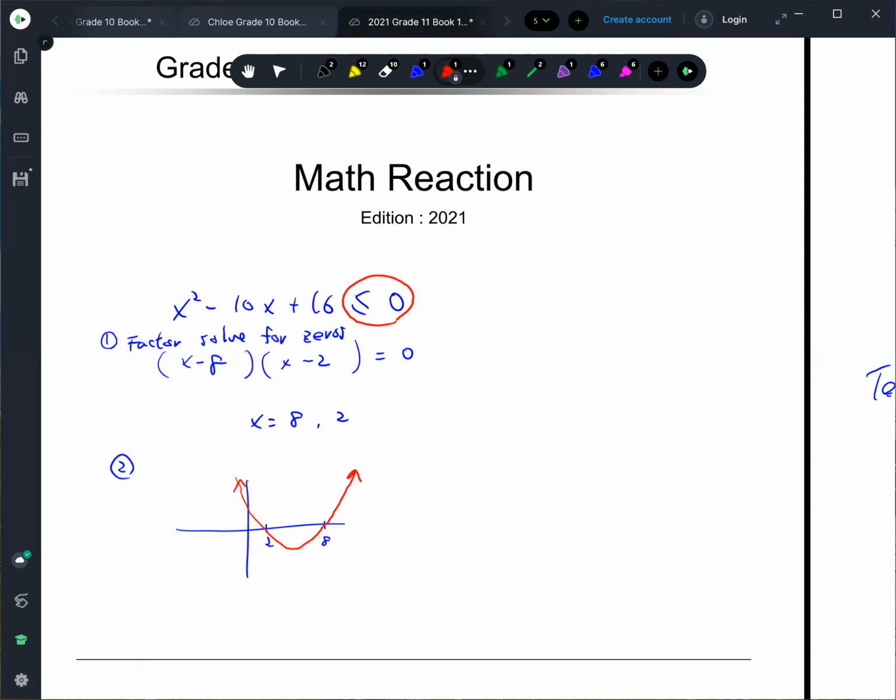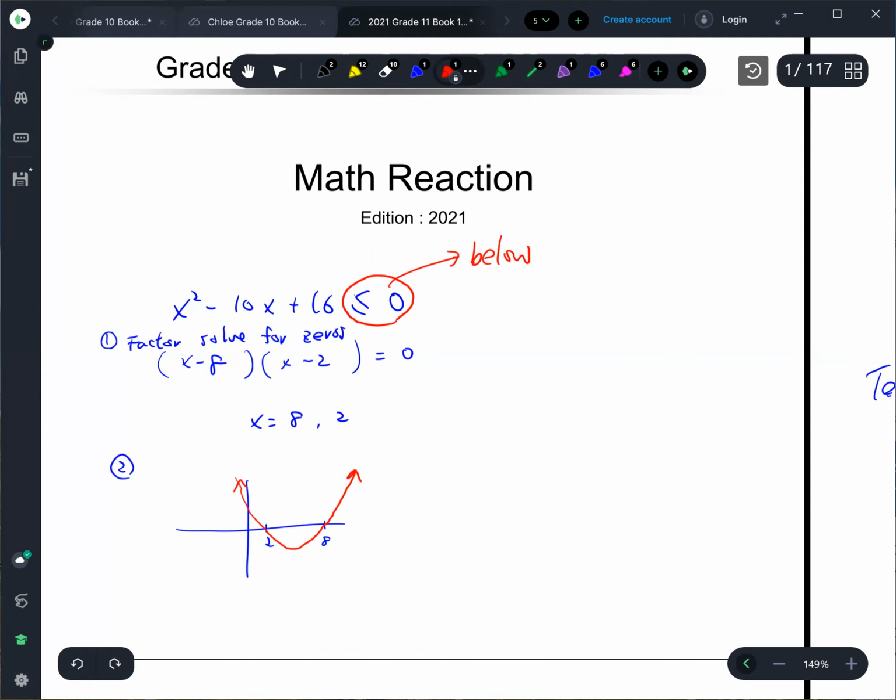The 0 means the x-intercept. Less than means it's below the x-intercept. The x-intercepts are these two points. We want the part that's below, which will be the middle part.